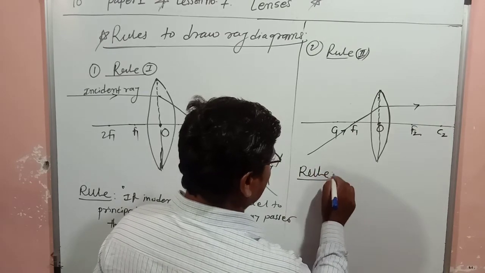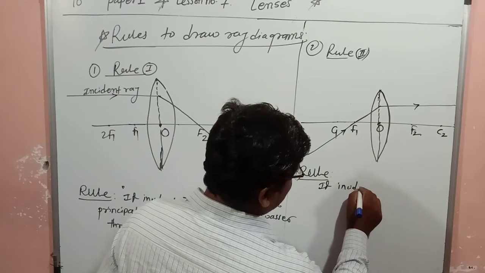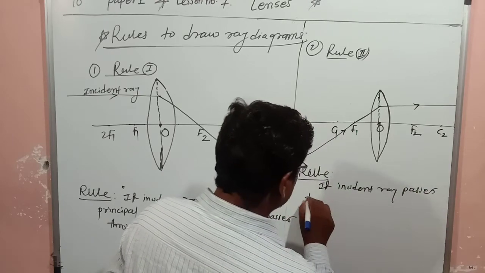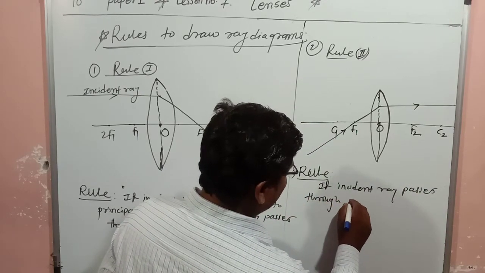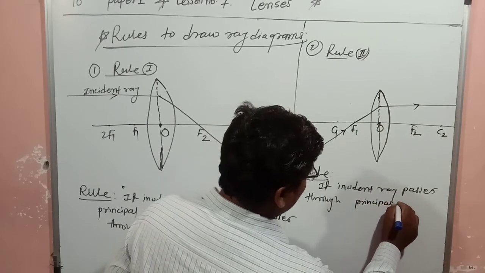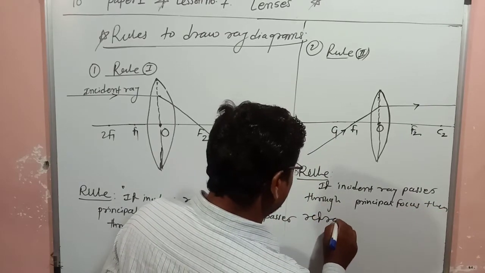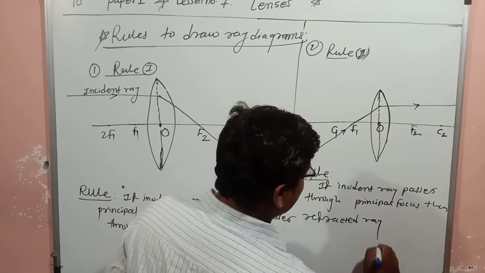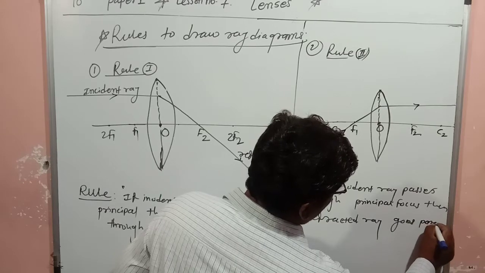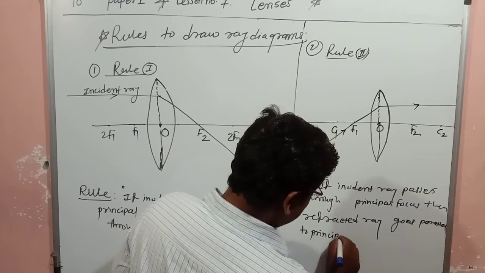What is the rule? If the incident ray passes through the principal focus, then the refracted ray goes parallel to the principal axis.